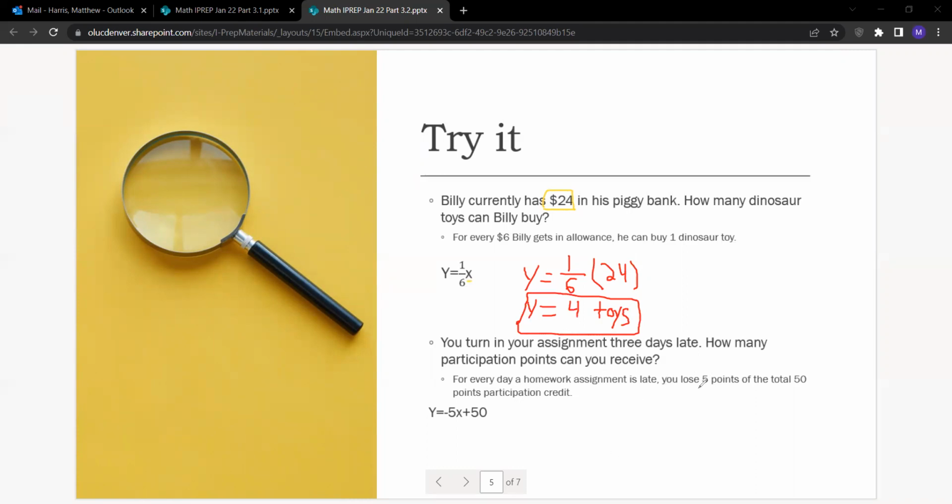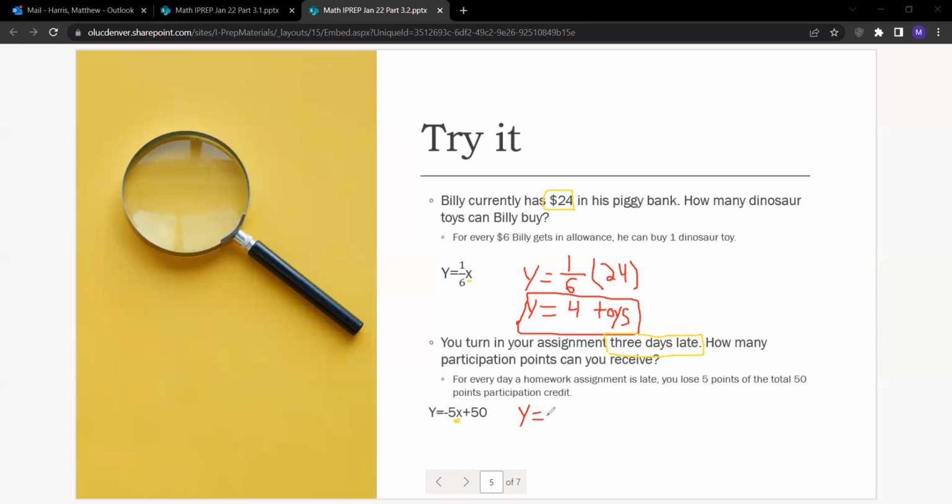So is 5 points going to be X or Y? Or I'm sorry, 5 points, we already figured that out, that's right here. For 3 days late, right? 3 days late, is that going to be X or Y? Is Y days or X days? It's X, right? So we talked about how Y is points, so X has to be days. And then we just have to solve.